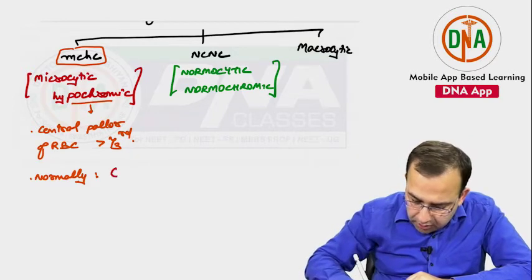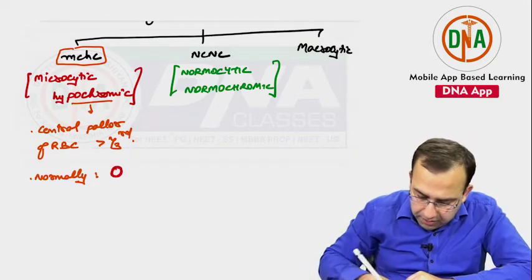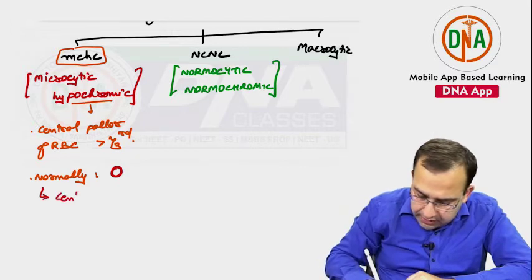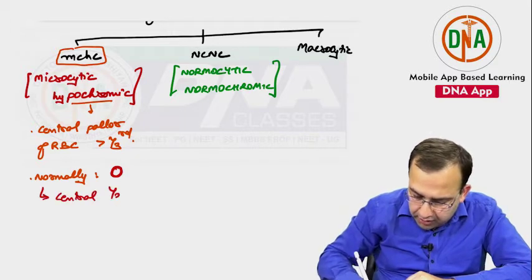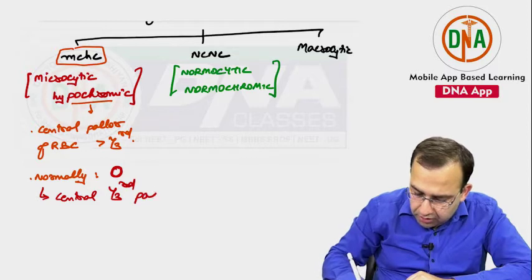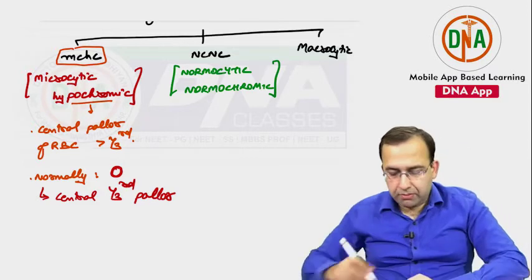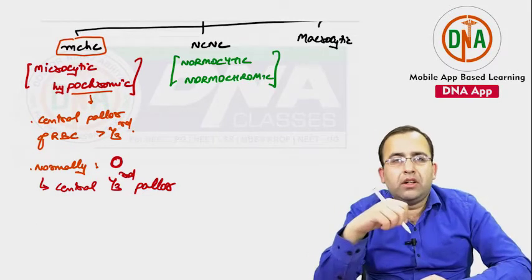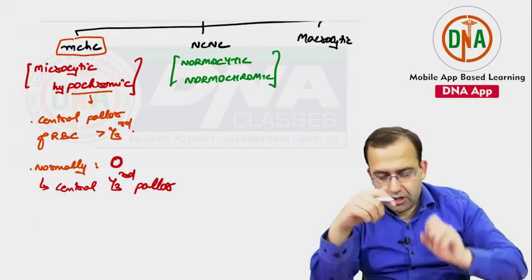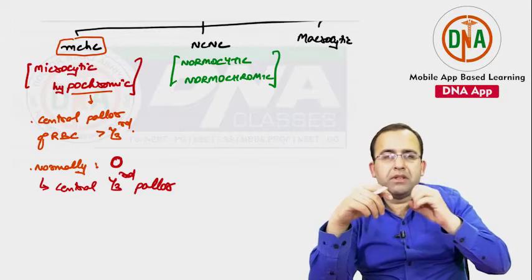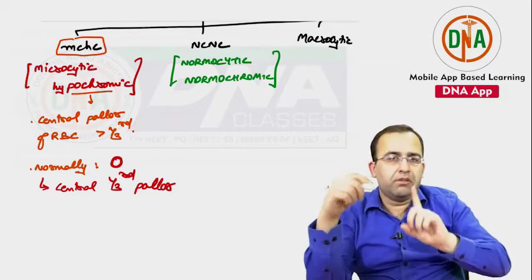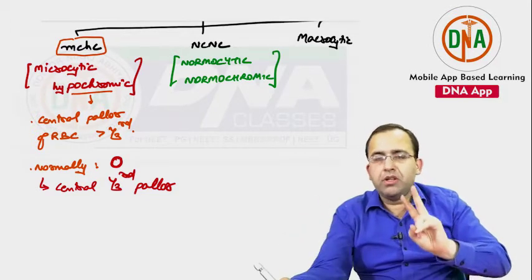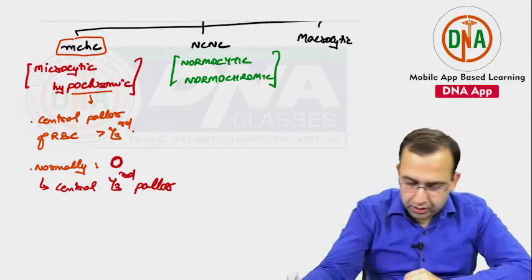This is a normal RBC. If the central pallor is more than 1/3, it is called hypochromic. So microcytic means a smaller RBC with central pallor more than 1/3. Microcytic hypochromic, normocytic normochromic, macrocytic.